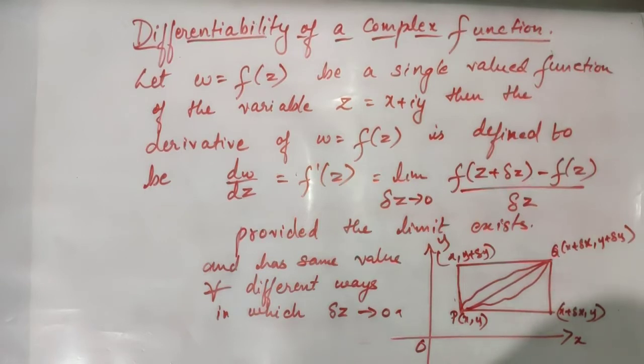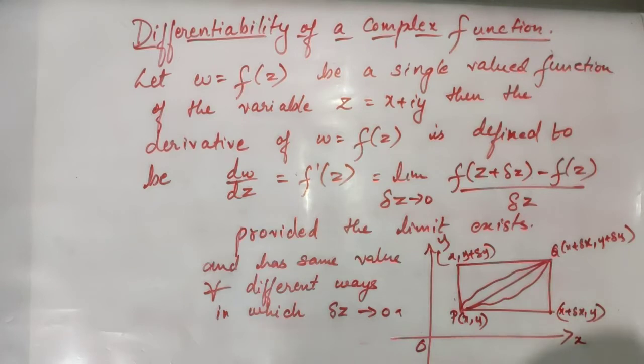Then the derivative of w is equal to f of z is defined to be dw by dz, same as how we define it in real valued, f dash of z, limit as delta z tending to 0, f of z plus delta z minus f of z divided by delta z, provided the limit should exist.